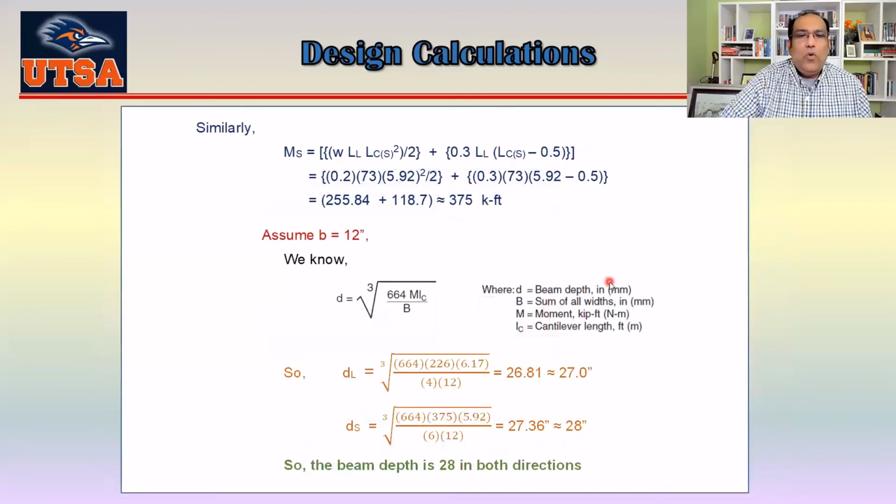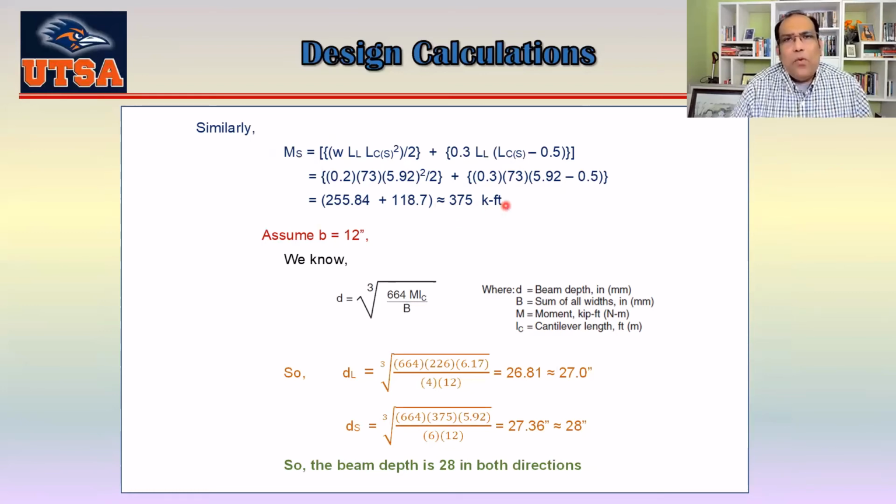Now, the same way we can do that in the short direction too, right? In the short direction, these parameters will change a little bit because now we are talking about the LCS direction. If you calculate that one, you get the moment in the short direction as 375 kip-feet, okay?